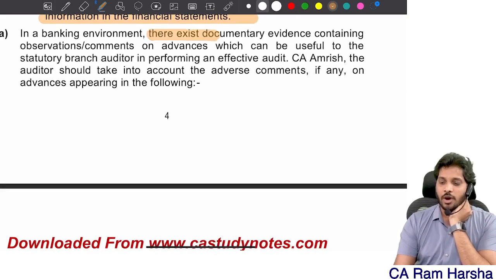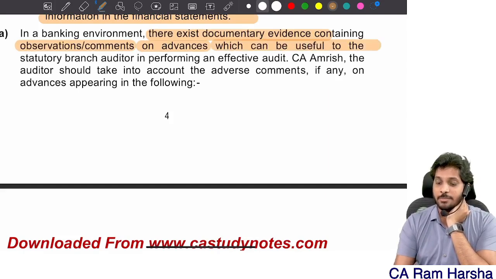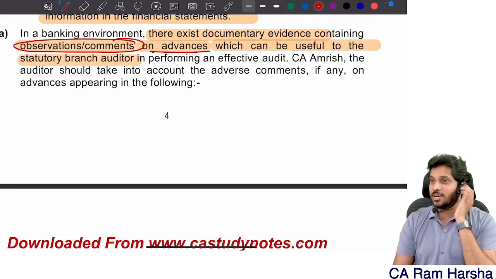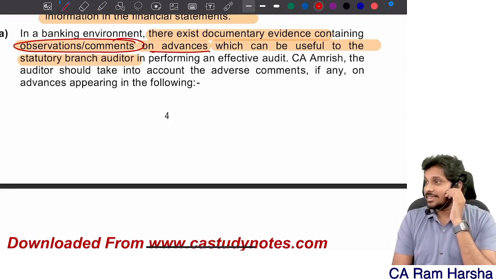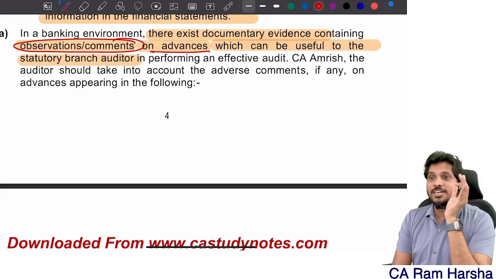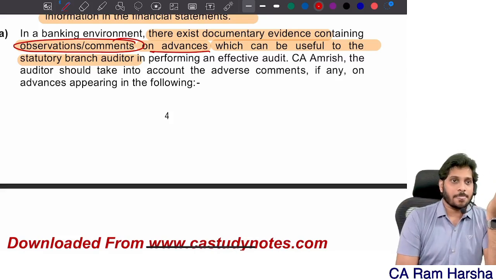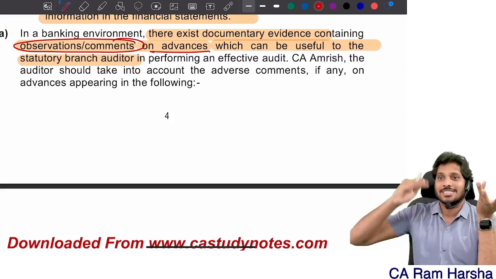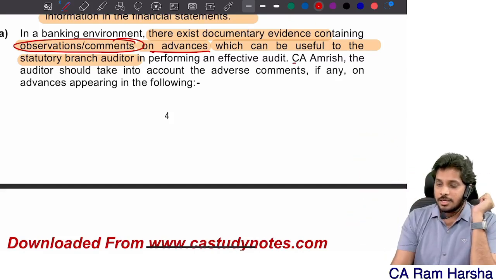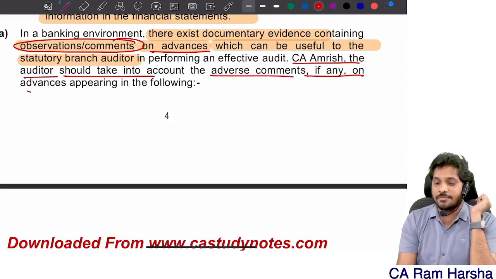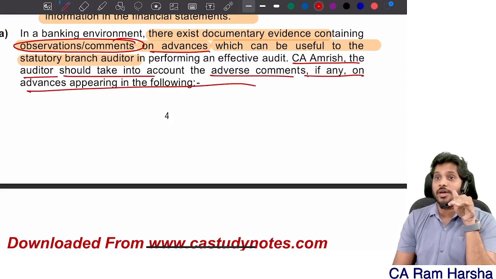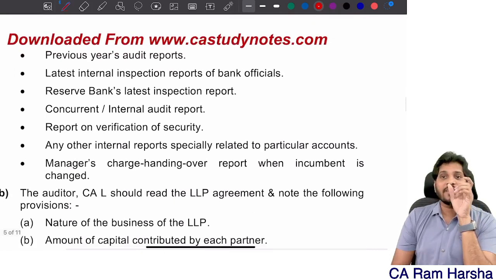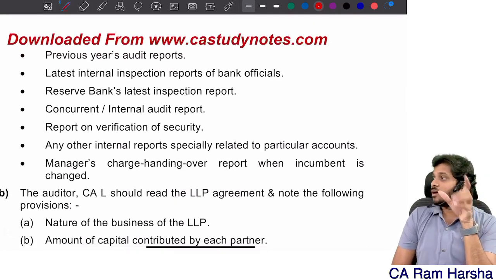In a banking environment, there exists some documentary evidence containing observations and comments on advances which can be useful to the statutory branch auditor. So there will be some observations or comments on advances by others that can be useful to the statutory auditor. CA Amrish, the auditor should take into account the adverse comments, if any, on advances appearing in the following reports. What are they?